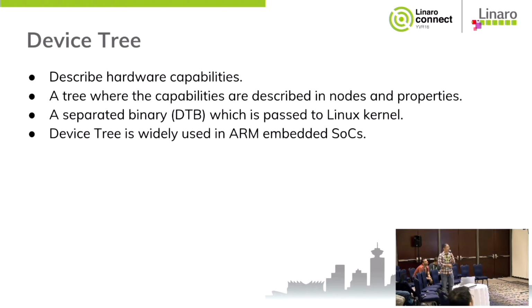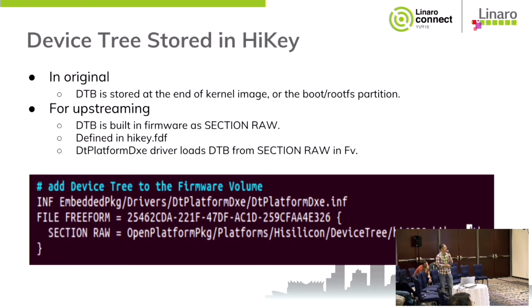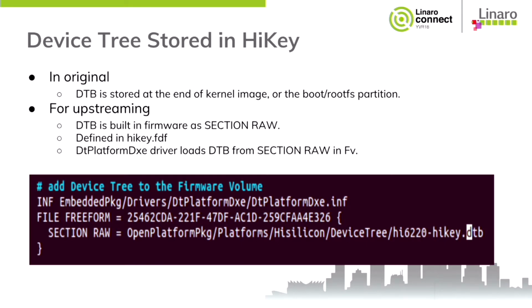The device tree can describe the hardware capabilities, and it is transferred to the Linux kernel by a pointer. In our HiKey implementation, initially we stored the DTB at the end of the kernel image.